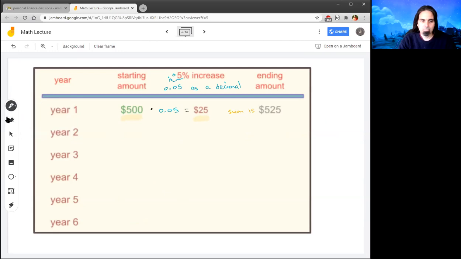In the second year, what do we start with? Well, it's whatever was true at the end of December the previous year. So we're starting at 525. We again do a times 0.05, and now we get $26.25.